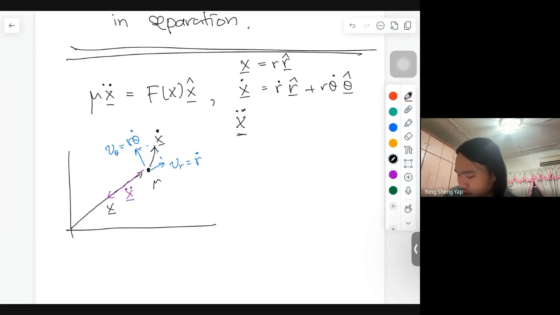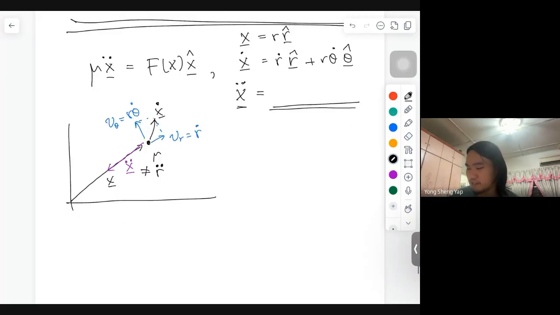But this is not necessarily equal only to the rate of change of the particle's position. Instead it's some complicated thing that you should know how to derive from Zizhen's lecture.